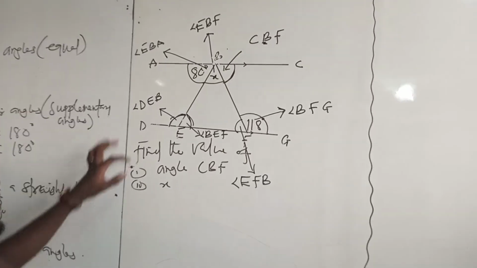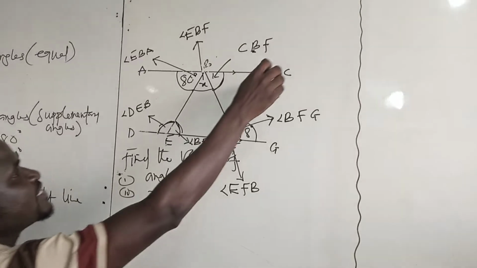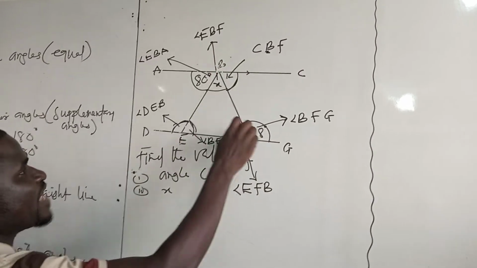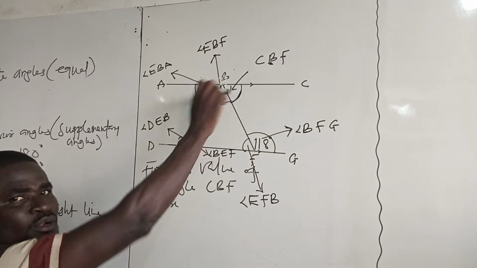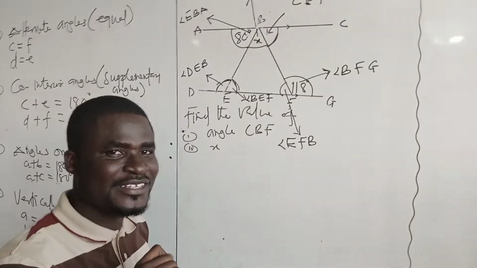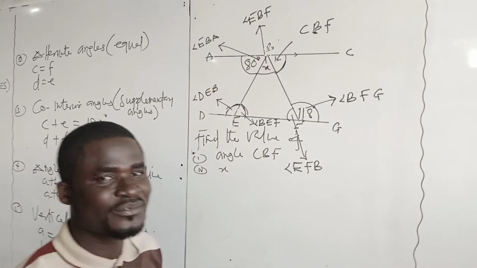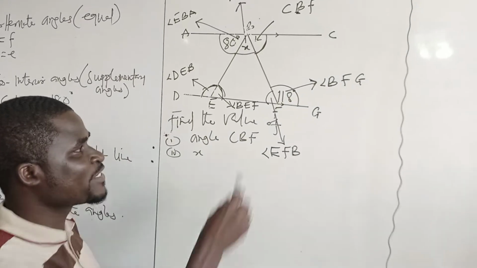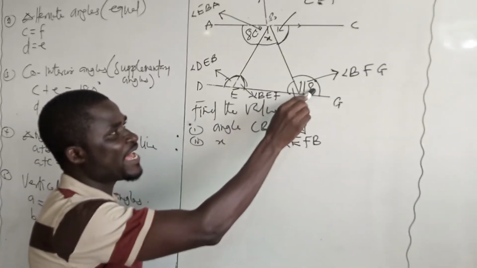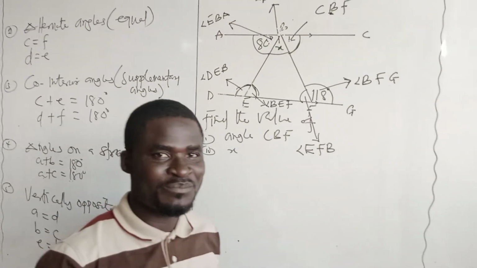The question says, find the value of angle CBF. Angle CBF means this angle. What comes to your mind? You are finding this angle. Good. Co-interior angles. This 180 here and this angle are called co-interior angles.